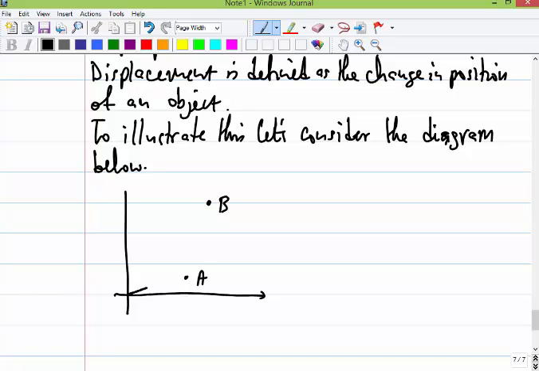We can represent each of these positions by a position vector. This is position vector R1, and this is position vector R2.